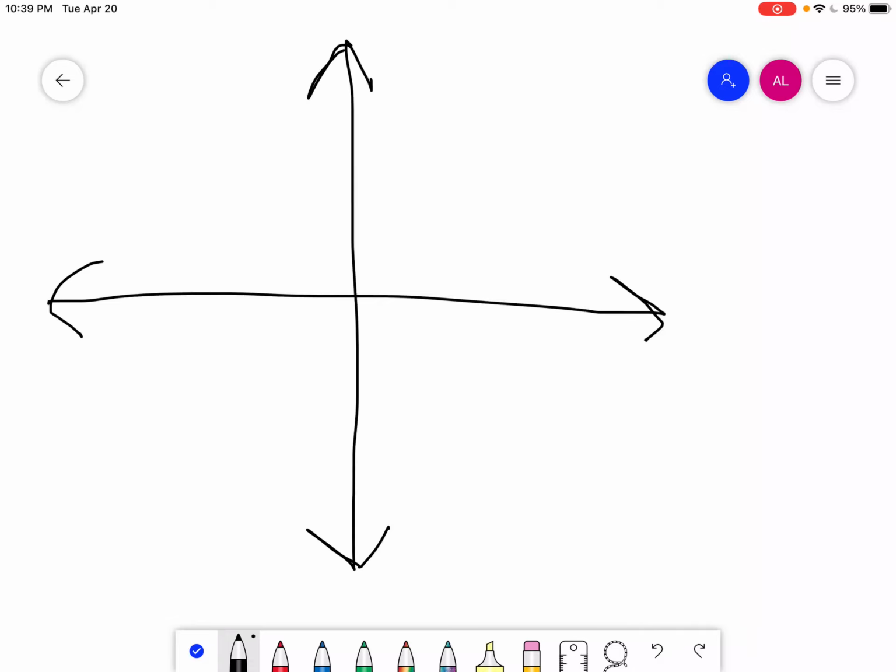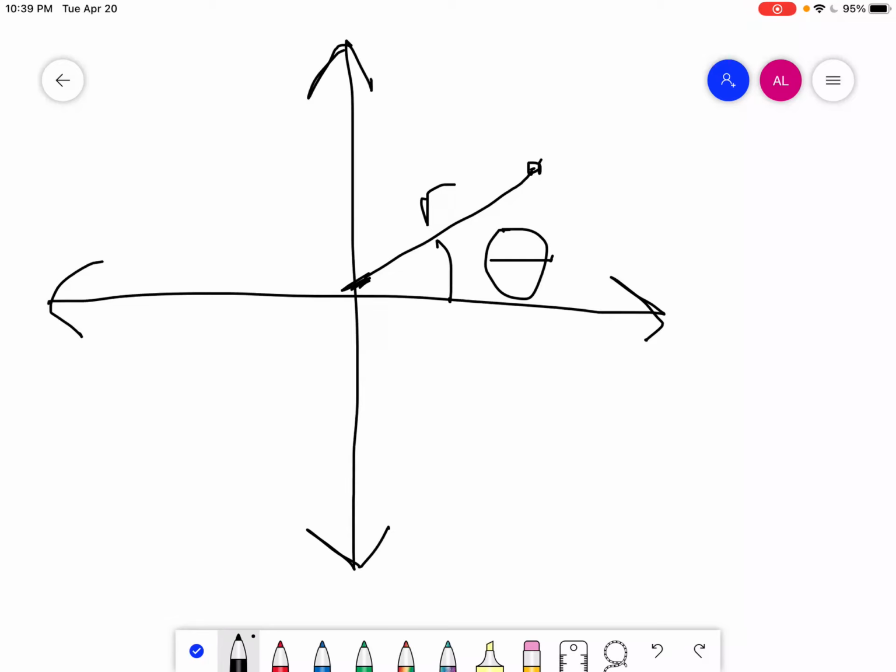Any complex number z, another way of thinking of a complex point on the complex plane, can be given by the argument, or this angle from the x-axis, as well as the radius, which is the distance from the origin.